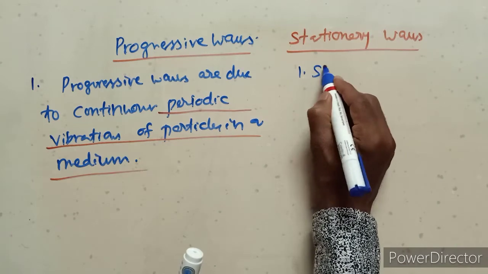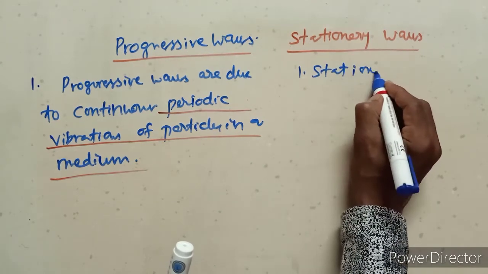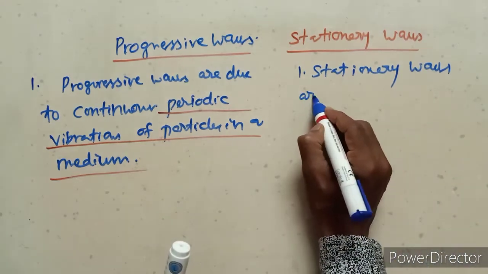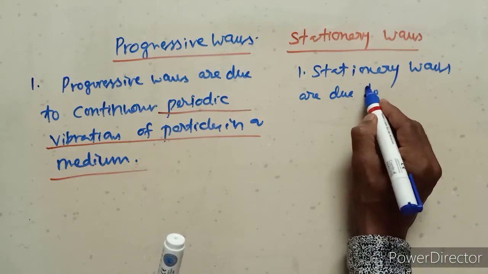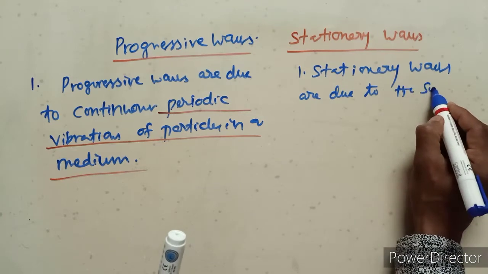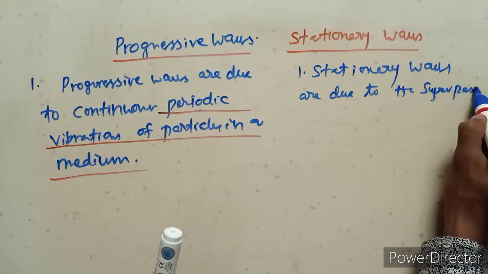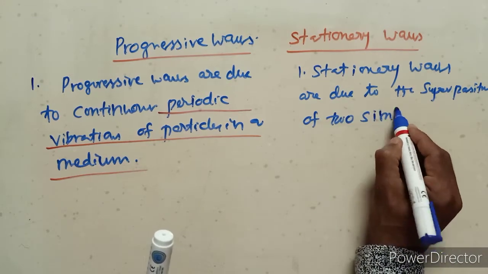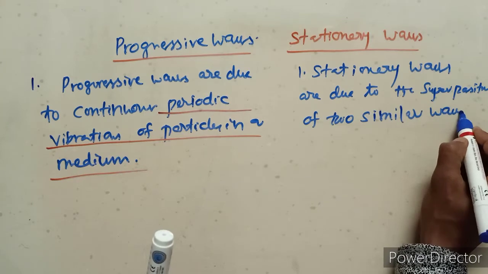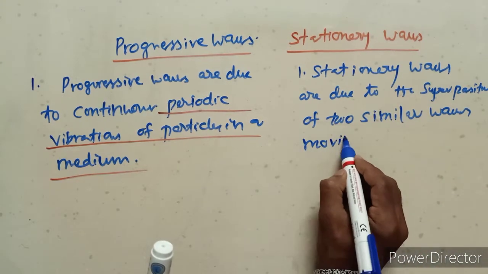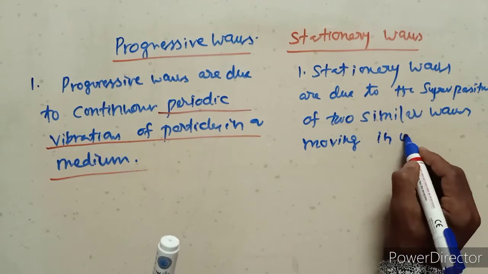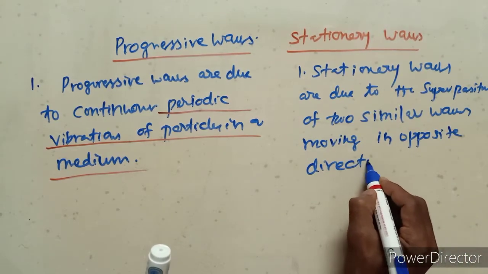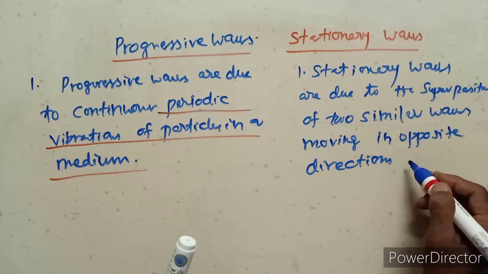So stationary waves are due to the superposition of two similar waves moving in opposite directions.